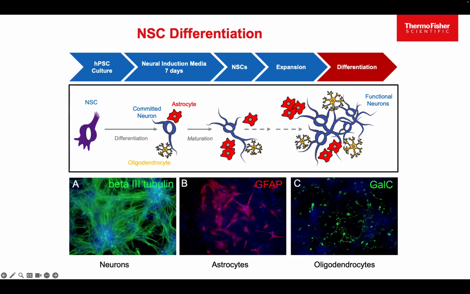This is a serum-free medium. It provides high-efficiency neural induction in about a week or so, all without the need for an embryoid body step. We know that NSCs generated using this NIM, or neural induction medium, have high expression of important markers, SOX1, SOX2, nestin, and so on, and that they can be differentiated, as you see on the bottom here, into these pretty pictures of neurons, astrocytes, and oligodendrocytes.